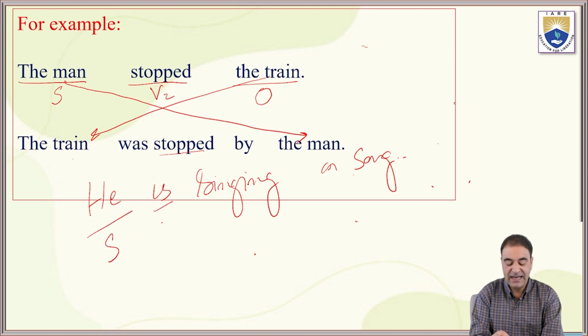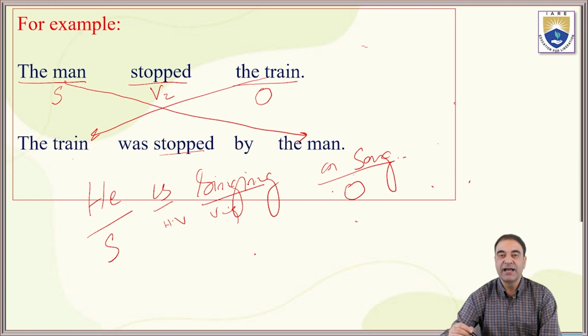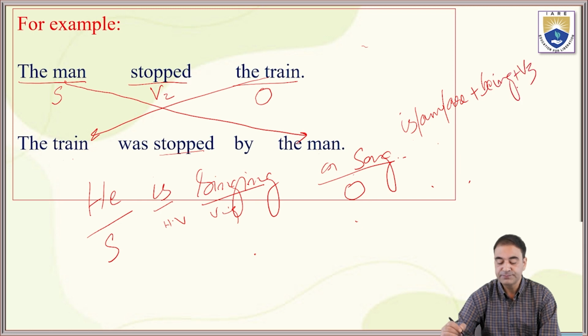Then we have is, helping verb. Then we have verb in ing form. Then we have a song, an object. This is present continuous tense, and as I told you, present continuous will change into be forms of verb: is, am, are, plus being, plus verb in third form.